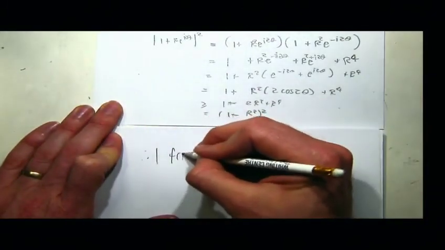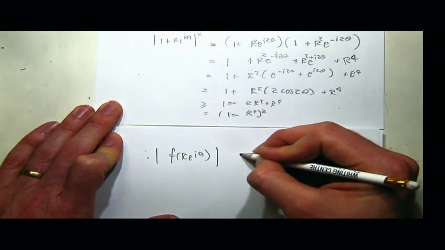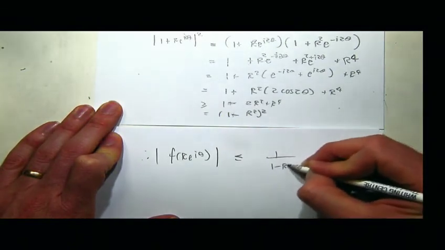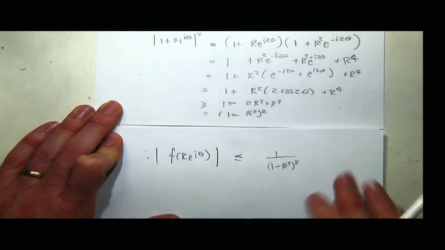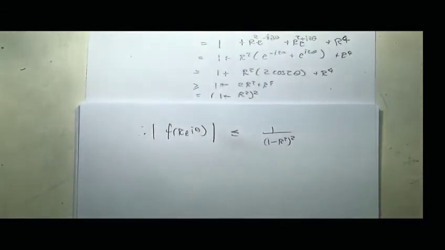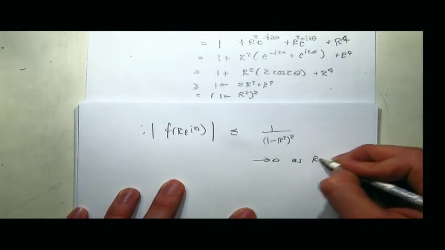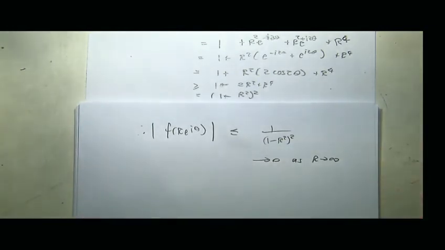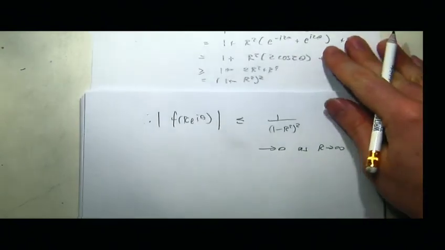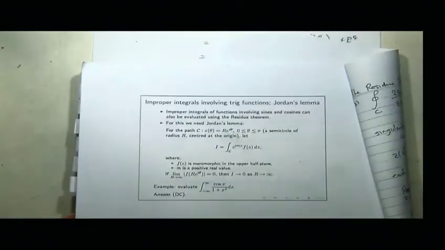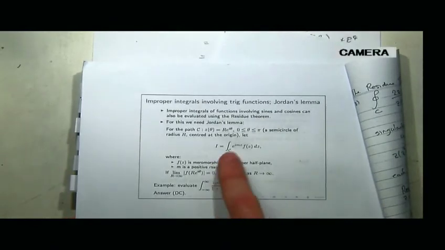And so, therefore, the length of f of r e to the I theta is less than or equal to 1 over 1 minus r squared, which goes to 0 as r goes to infinity. Because the r squared squared has an r to the 4, and r to the 4 goes to infinity, so 1 over that goes to 0. And so, based on this, any integral which is e to the I something times f of z will go to 0 as r goes to infinity.